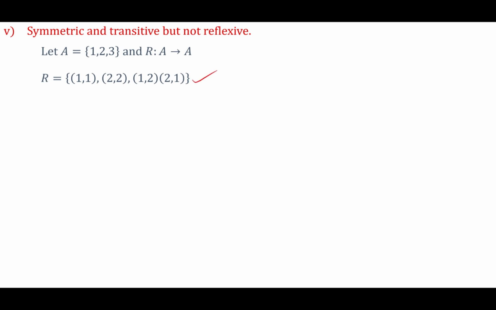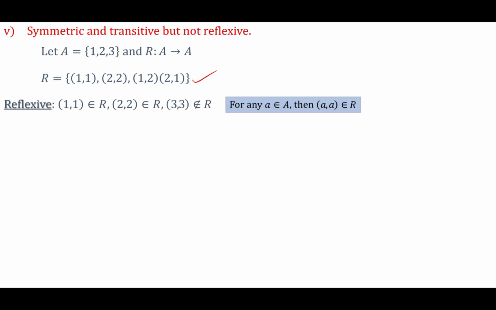We have to show this relation is symmetric and transitive but not reflexive. Let us start with reflexive. A reflexive relation says all ordered pairs with identical elements must be in the relation. So (1, 1) is there, (2, 2) is there, but (3, 3) is not there. So the given relation is not reflexive.